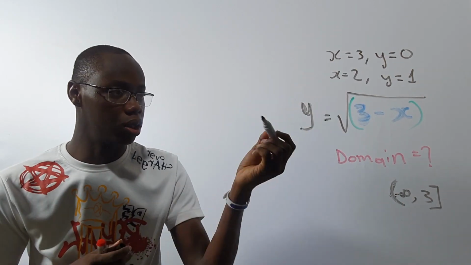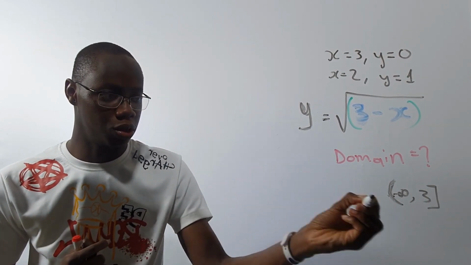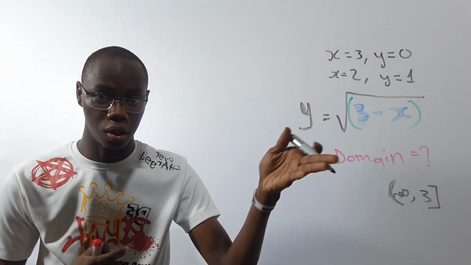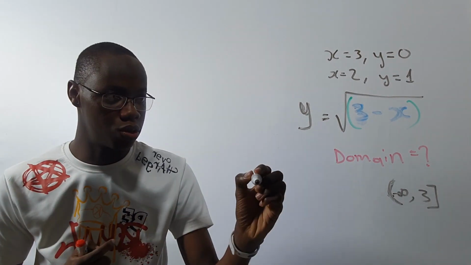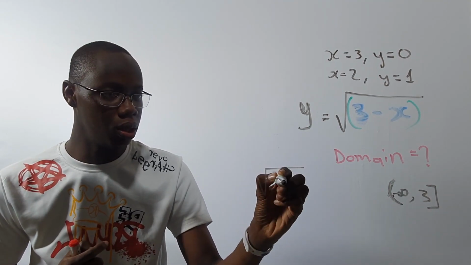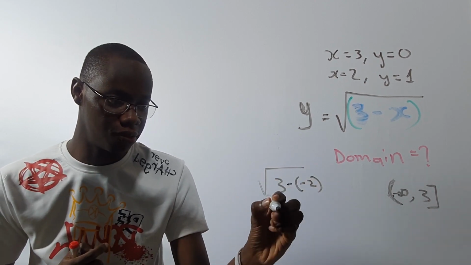So this is the domain, and this is the range from it. Let's try another one. Let's try minus 2. That will be the square root of 3 minus minus 2. You can see that this makes very good sense.